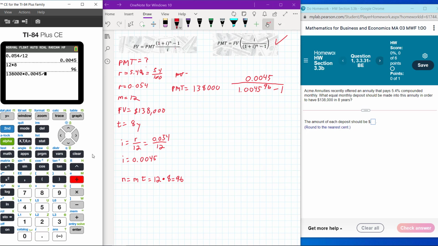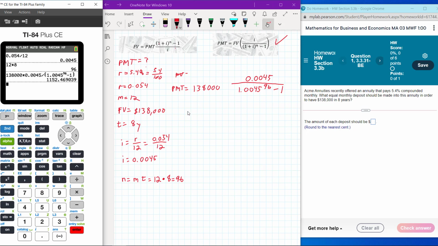Now to do this part, I need to use parentheses. So open parenthesis, 1.0045, raised to the 96th power, then move out of the exponent, minus 1, close the parenthesis. And that should be my monthly payment.